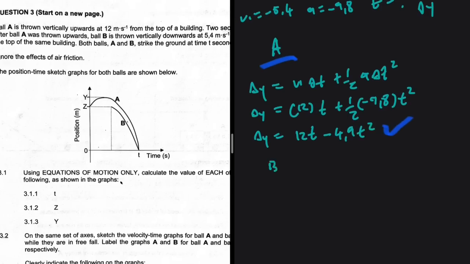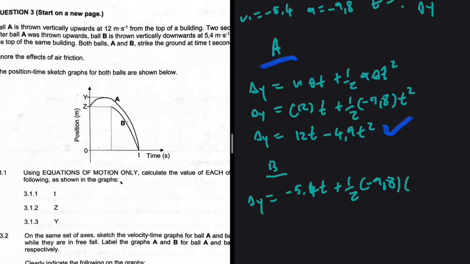What about ball B? Delta y is going to be equal to minus 5.4t, and then plus a half times minus 9.8. I know it's going to give me minus 4.9, but I'm choosing to write it as it is because I don't want to go to the answer without substituting, or you lose marks in the exam.